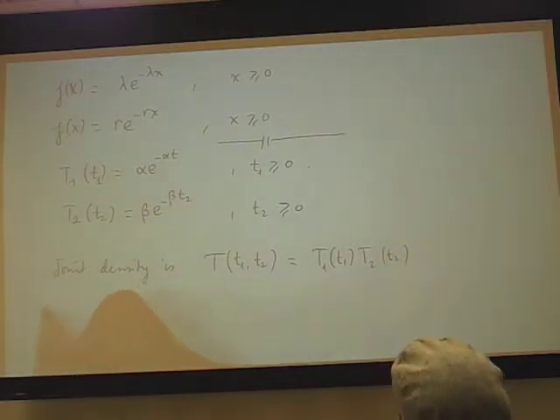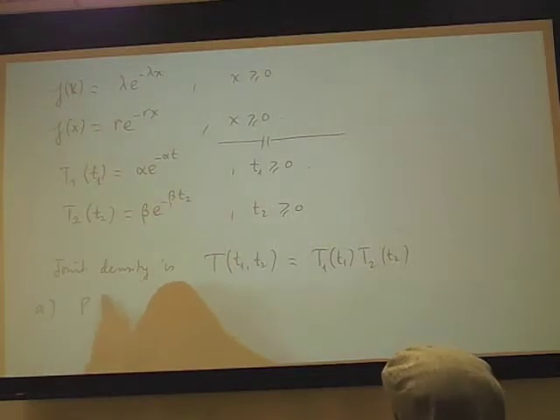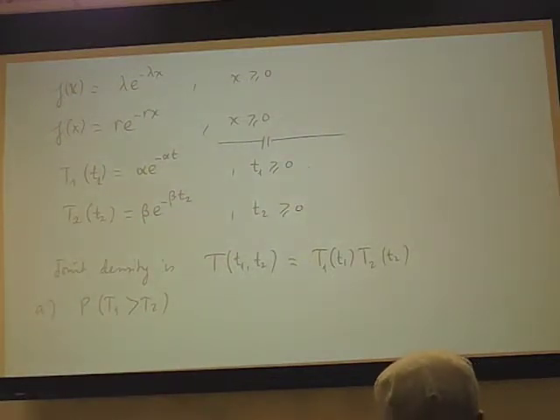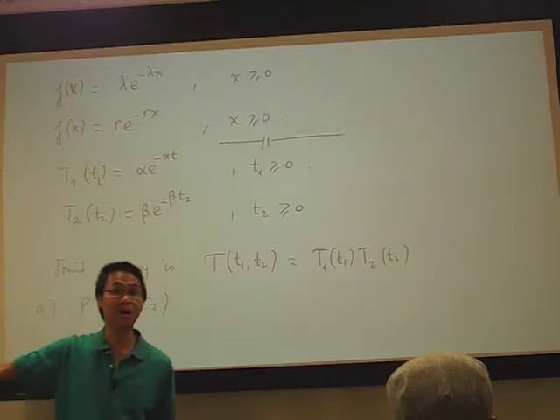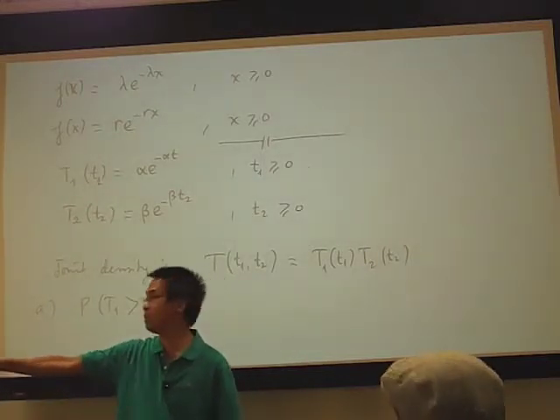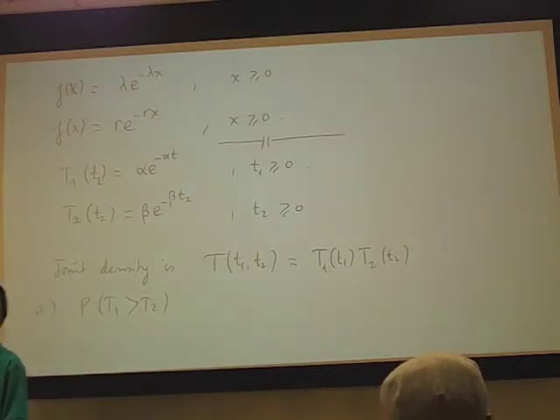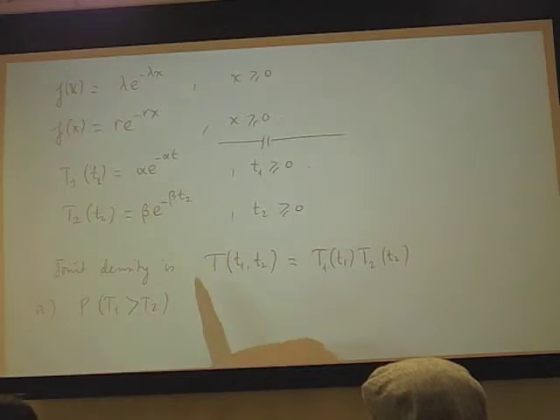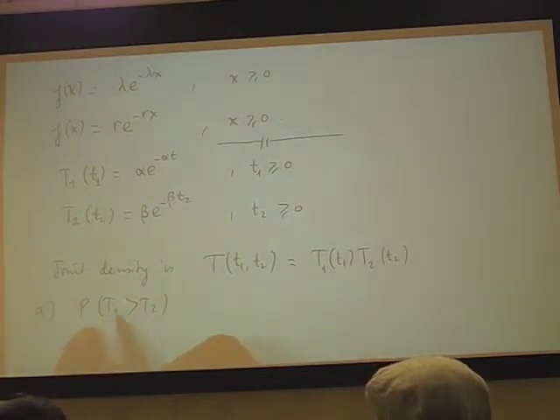So now the joint density is that. Now I want to find the probability of T1 bigger than T2. Aha! This is exactly the problem that you just did a minute ago, except that over here they give you the functions T1, T2 this way. So by definition, what is the probability of T1 bigger than T2?